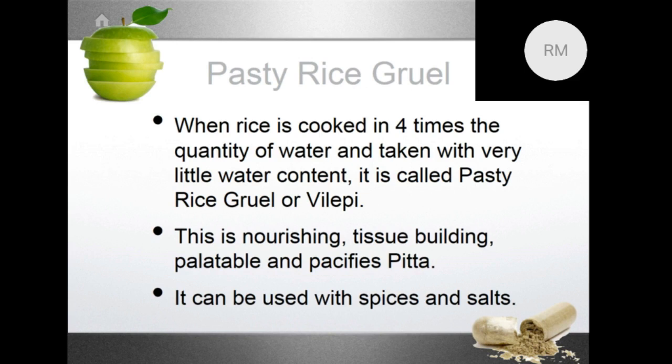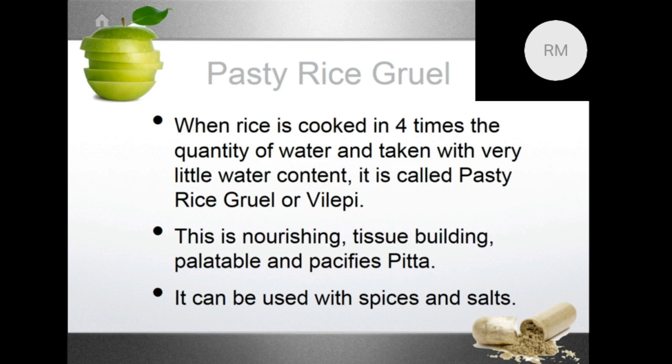So we have pasty rice gruel. These are the different proportions. You can use 14 times water; when you use 14 times water, you get strained rice water, or you get thin rice gruel. But when we use 6 times water, we get thick rice gruel.